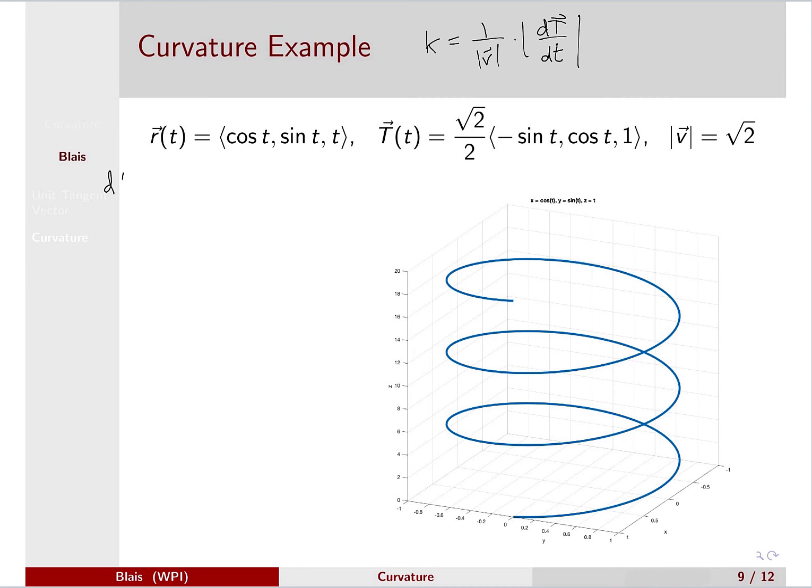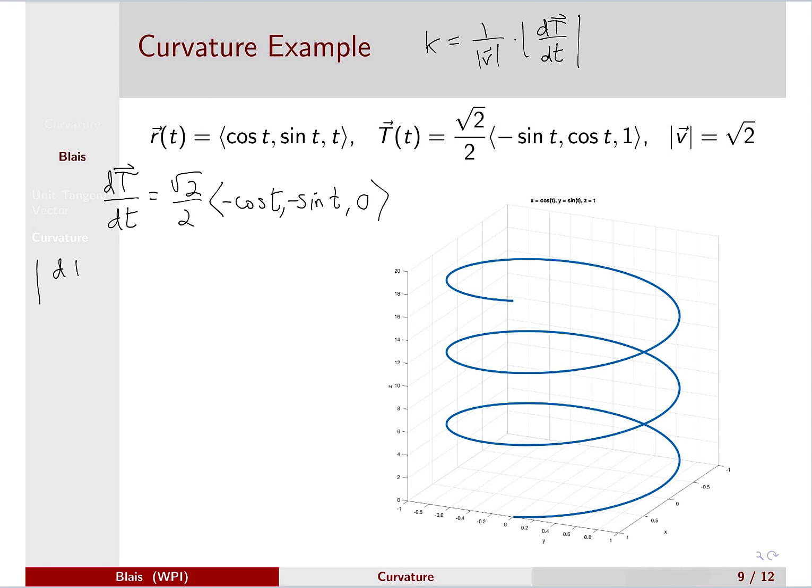So the derivative of the unit tangent vector with respect to time will be root 2 over 2. We keep that constant, and we differentiate here. So the derivative of minus sine of t with respect to t is minus cosine of t. The derivative of cosine of t will be minus sine of t, and the derivative of 1 will be 0. And we now need the magnitude of this vector.